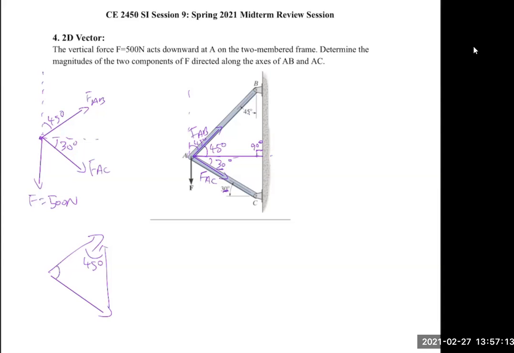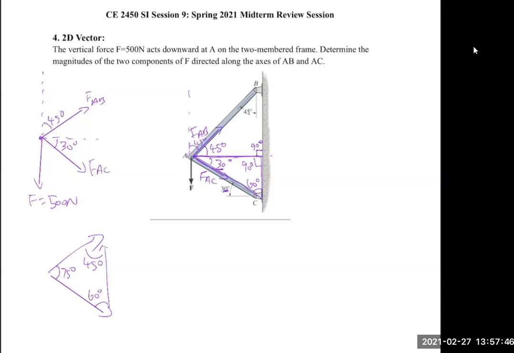So this one right here is simply 45 plus 30, so this will be 75 degrees. Then this 30. And then we look at this second triangle right here. If this is 30 degrees and this is 90 degrees, then the missing part has to be 60 degrees because they have to add up to 180 degrees. So there will be 60 degrees. Okay, yeah, it makes sense.